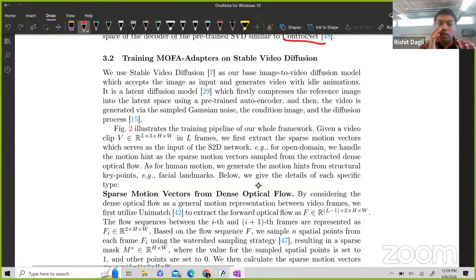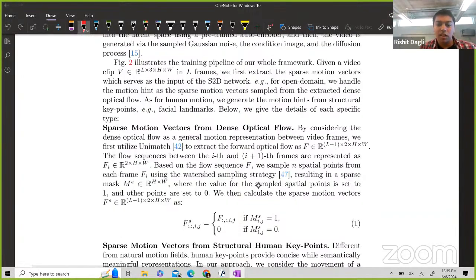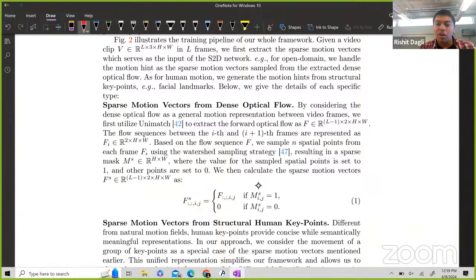Then they talk about training this model, which is now somewhat straightforward. You have a different model that they don't train that extracts all the optical flow maps.